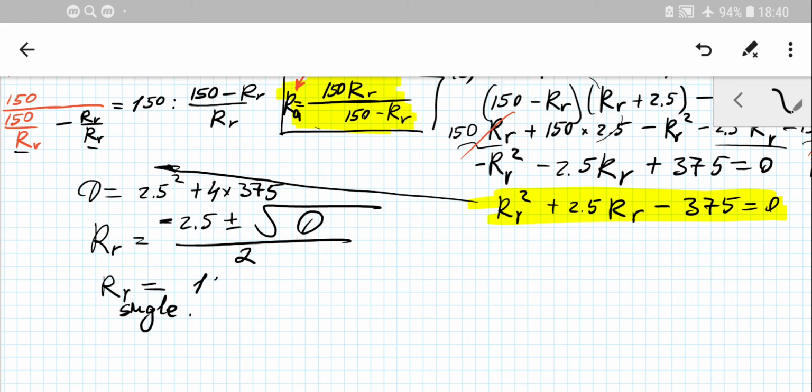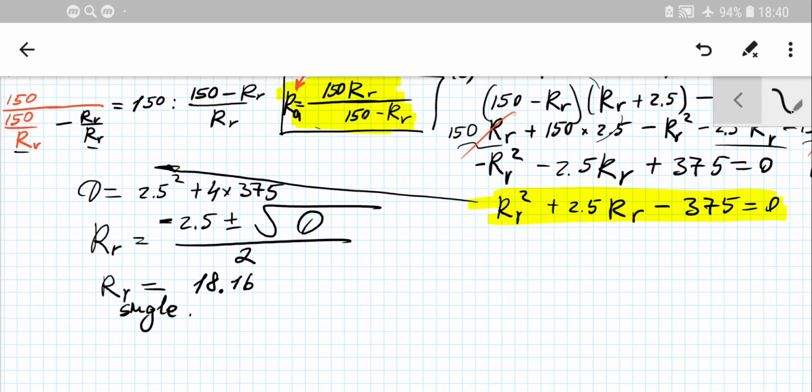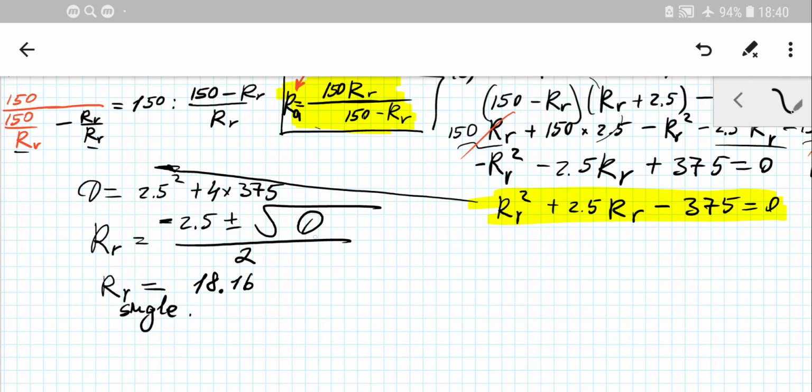So I've got 18.16 tables per hour. Sorry, not hours. That's what we found. We found the rate for Rebecca. So that's the rate, tables per hour.